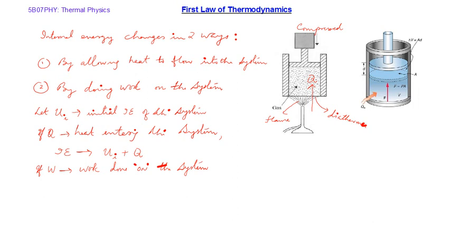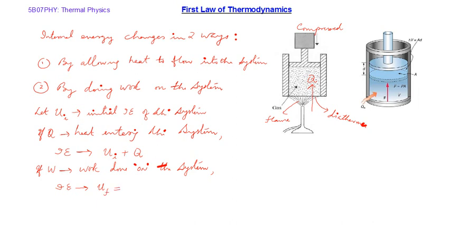It will also cause an increase in the internal energy. Then the internal energy further increases. We can consider this one in a two-step manner. So what will be the thing? I can say internal energy becomes Uf. Let me say that is the final internal energy.